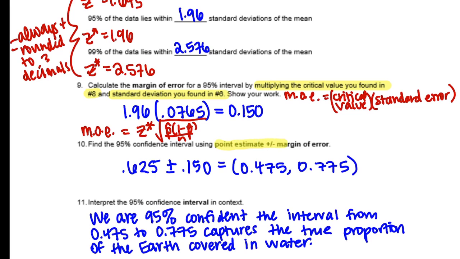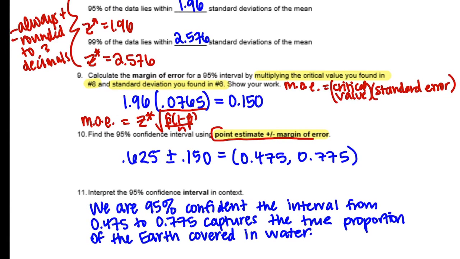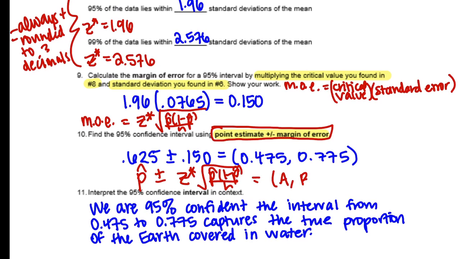I'll put it in a red box so we keep the colors consistent. The point estimate for a proportion is p hat plus or minus z-star times square root p hat 1 minus p hat over n. So that's the formula for an interval for a proportion. And that will get you a comma b as well, so you'll have your lower and your upper.